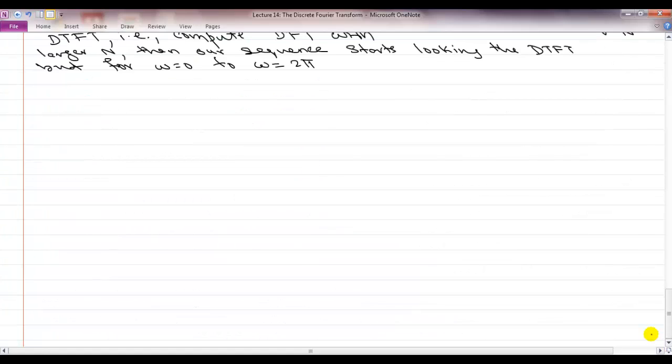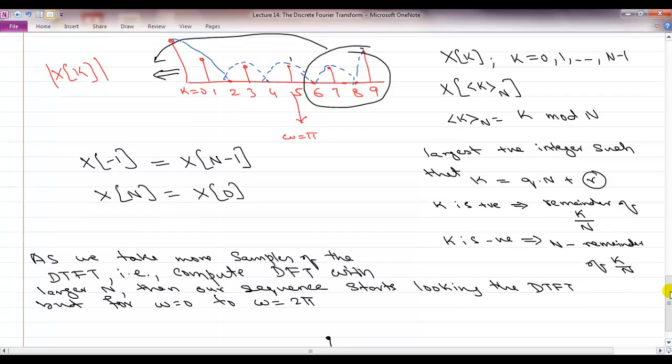You really want a sequence that looks like the following. You want a sequence like this, okay? Whereas you are getting a sequence like this.